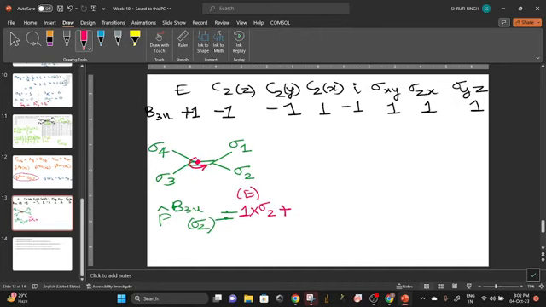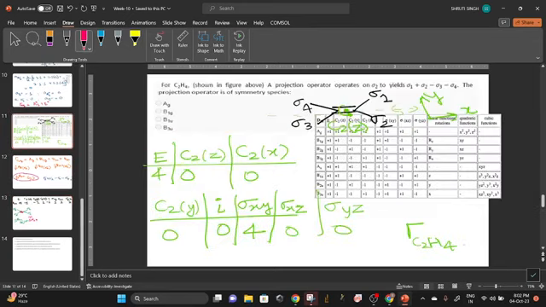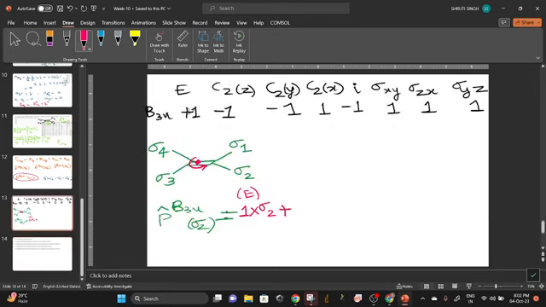Applying C2Z, this will go there, so it will be sigma 4, but the character for C2Z is minus 1, so minus 1 times sigma 4.